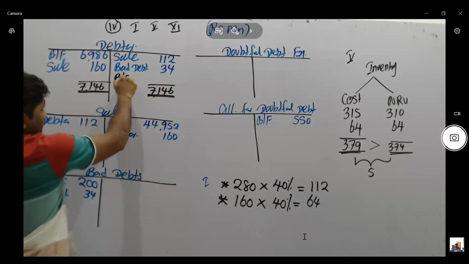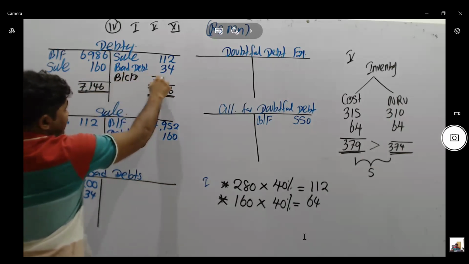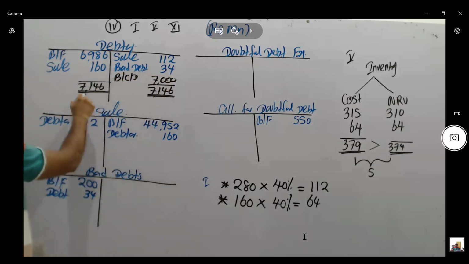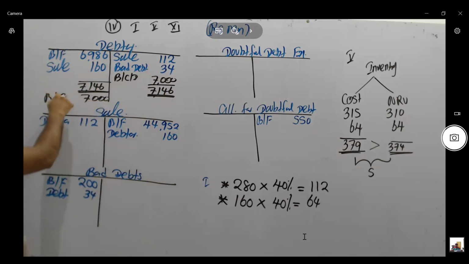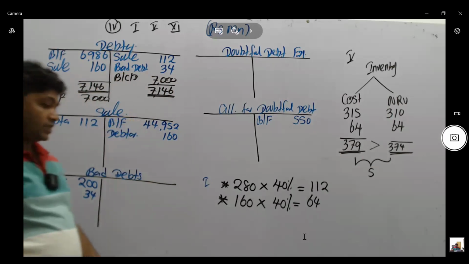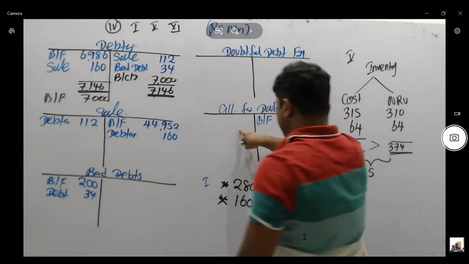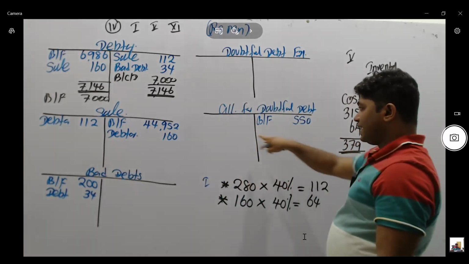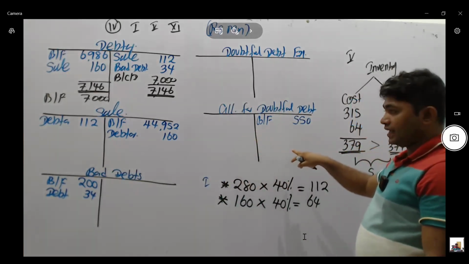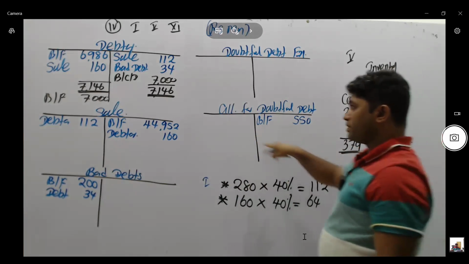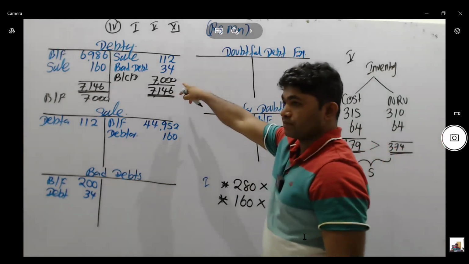They have given the data: closing balance equals 7,000. Think values in million. Then doubtful debts. It has given the balance of allowances for expected losses. The balance of allowances for expected losses as at 31st March 25 should be 10% of the remaining balance of trade receivable.